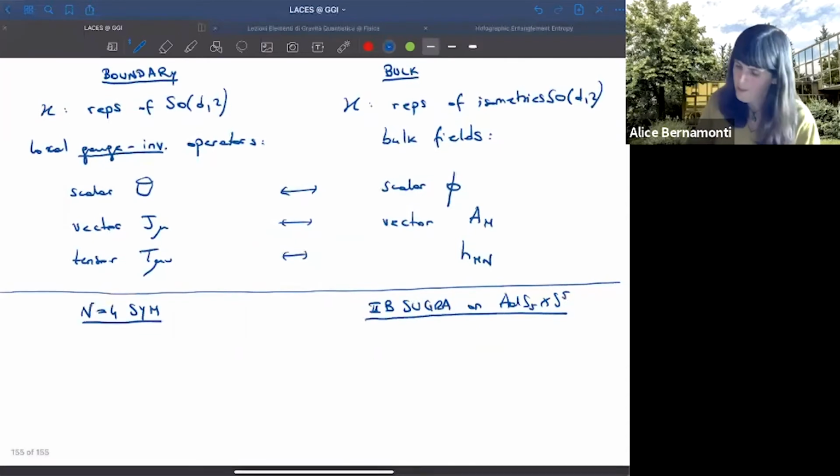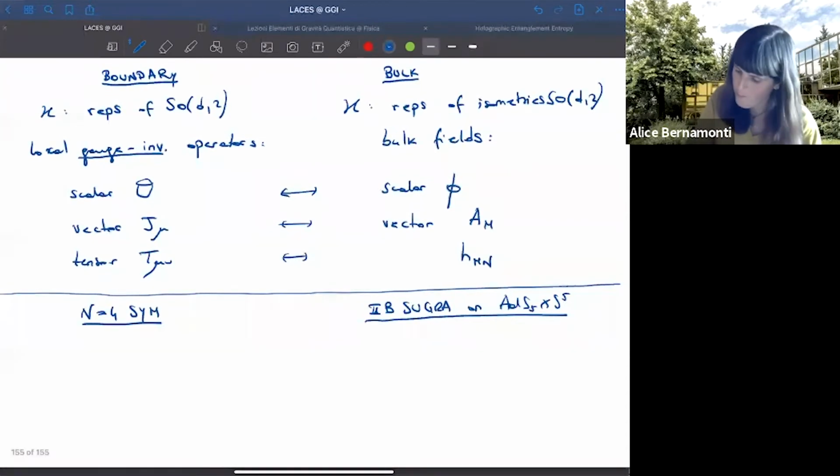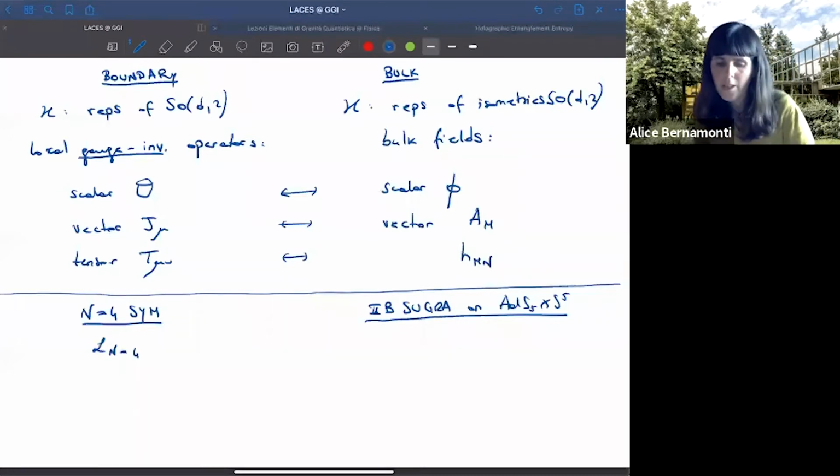The N=4 Lagrangian, which is itself a local operator, corresponds to the dilaton.